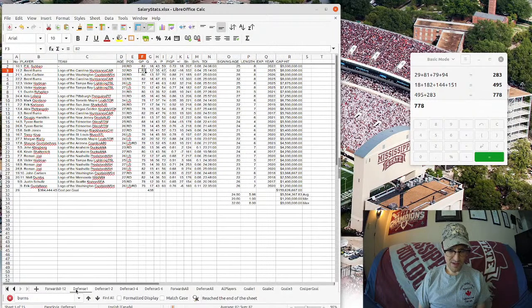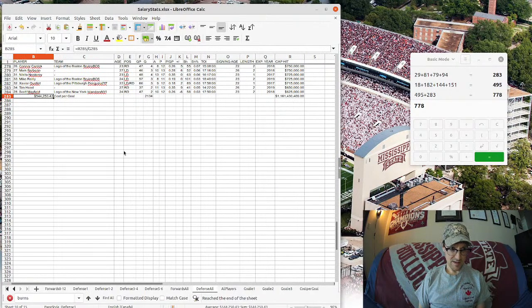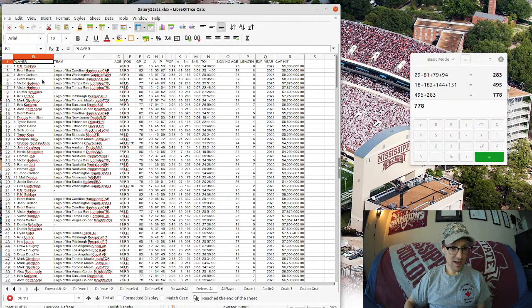So let's figure this out again. We've got the first 29 spots of defense should be duplicates. 16 and 17.